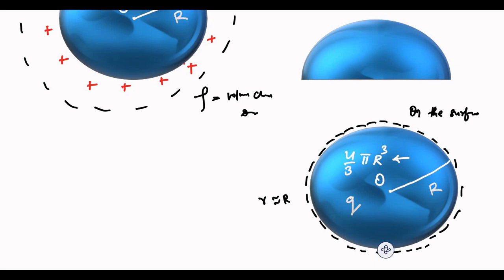Now we have a different situation, where we are considering a portion inside the sphere, a region inside the sphere. Let's say this is the center and we consider this much portion of the sphere.